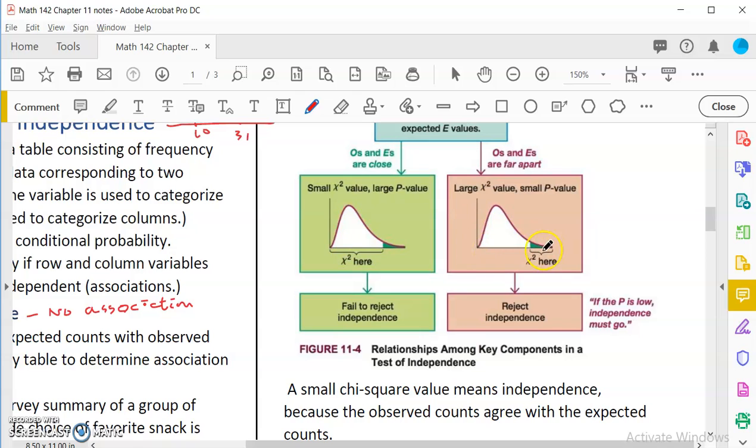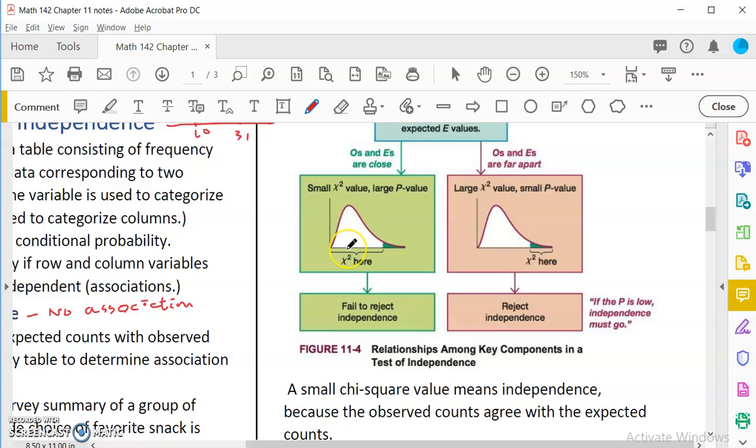If you have a large chi-square value, like the one that we had earlier, where n is 10 and chi-square is 31, then you have a very small p-value. A small p-value corresponds to a large chi-square value. That means O and E are far apart. The observed and the expected do not agree.